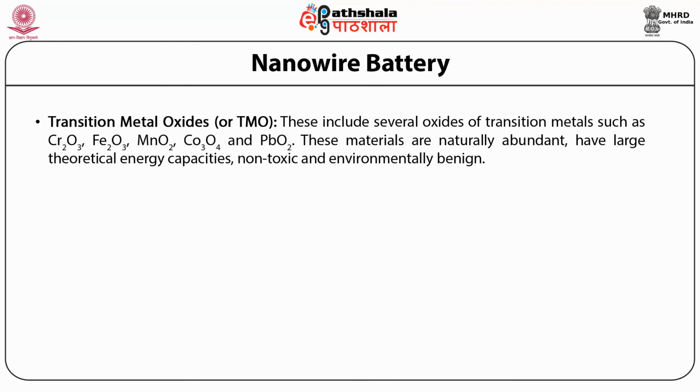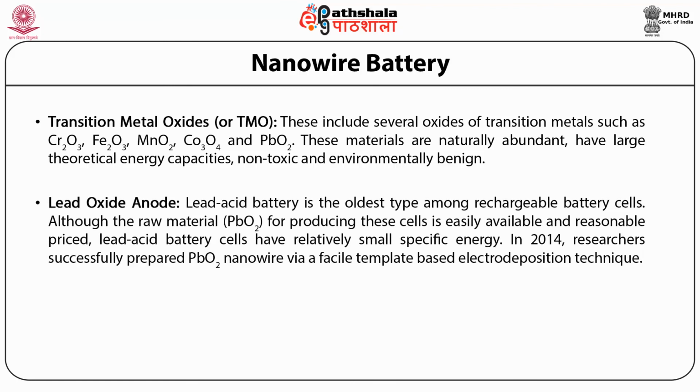And the next one is the lead oxide anode. Lead acid battery is the oldest type among rechargeable battery cells. Although the raw material for producing these cells is easily available and reasonably priced, lead acid battery cells have relatively small specific energy. In 2014, researchers successfully prepared lead iodide nanowires via a fissile template based electrode deposition technique.